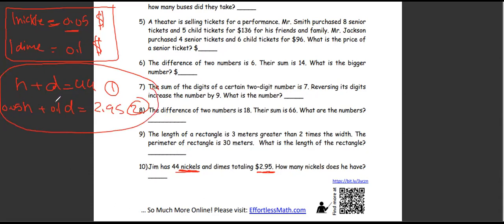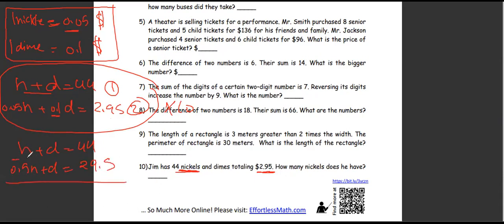Let's solve it. I'm going to multiply here times 10, because it is 0.1. If you multiply by 10, it's going to be 1, and it's going to cancel with the first equation. So this time it is 0.5n plus d equals, times 10, 29.5.